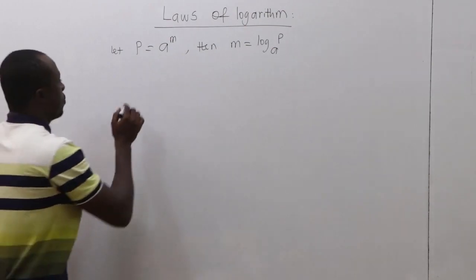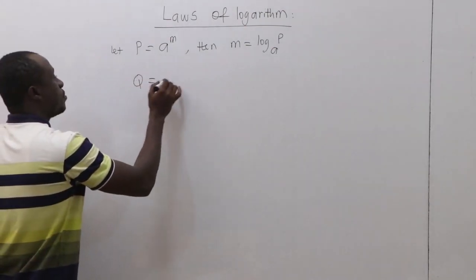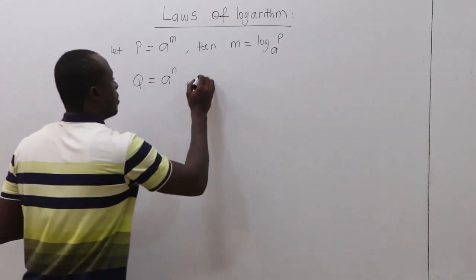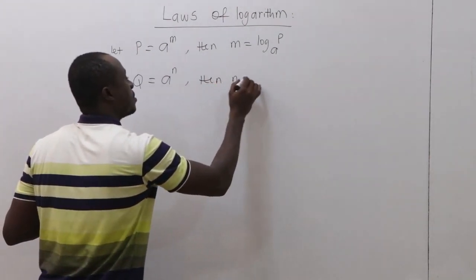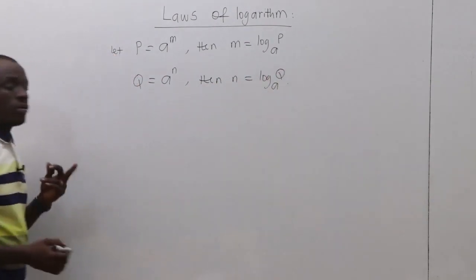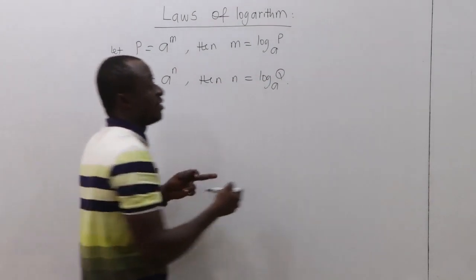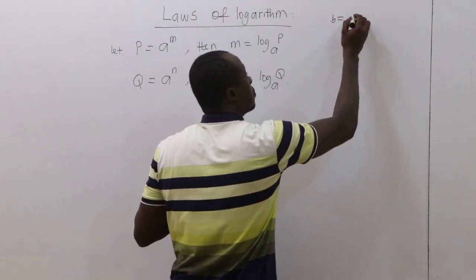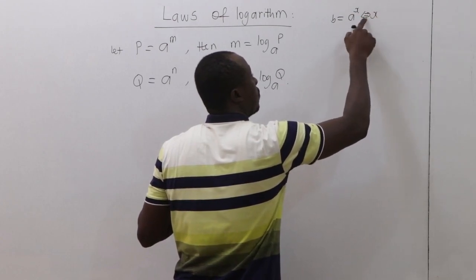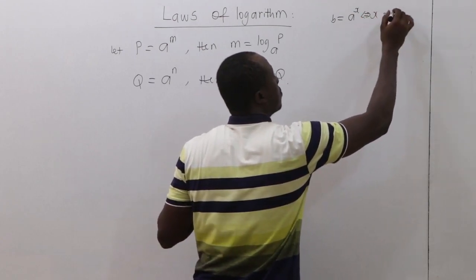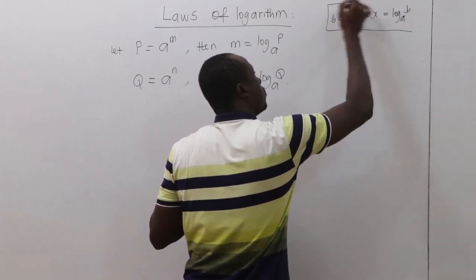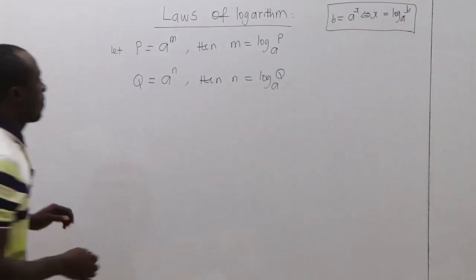And also when you let q be equal to a to the power n, then we can say n is equal to log a q. Why are we saying this? From our definition, if p is equal to a to the power x, then x is equal to log a of p, if and only if. This is what we are using over here.